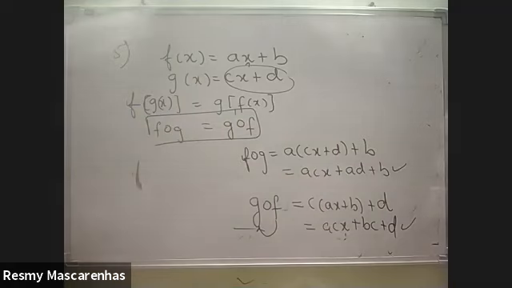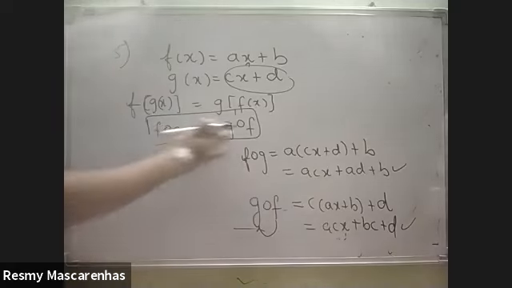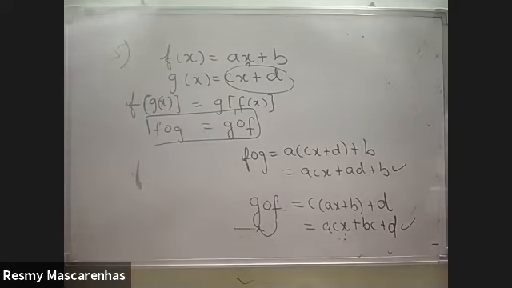In case something is getting cancelled, you can cancel. I think that a, c, x on both the sides will cancel. Equate both the answers because they have told that this is equal to this. Already they have told that it is equal.